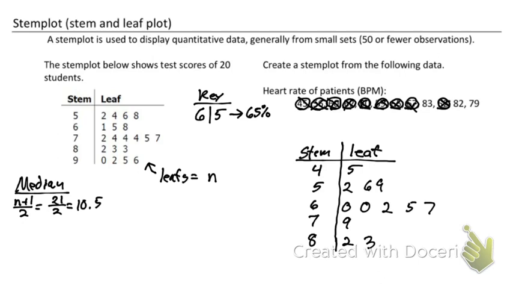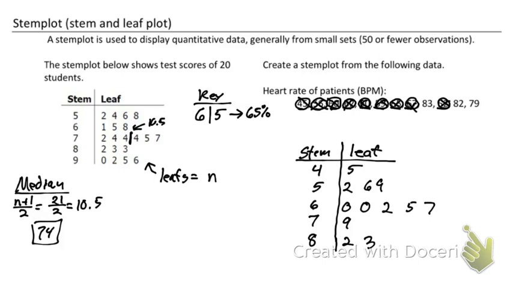So what would our median be? It's right between 74 and 74, right? Because we said it was about here. That would be our 10.5. So what's halfway between 74 and 74? 74. So the median would be 74.